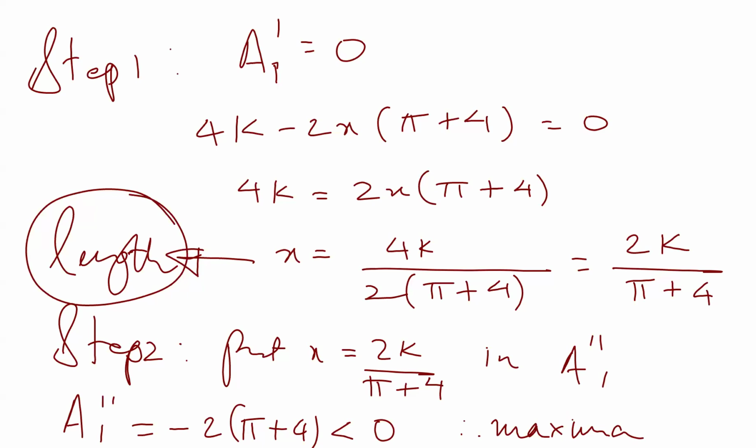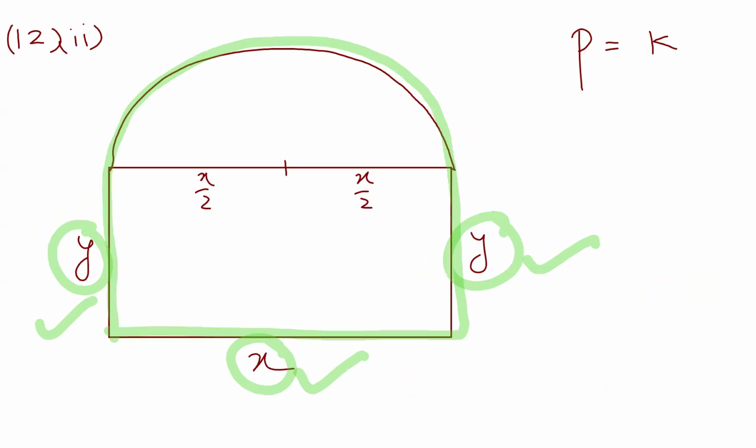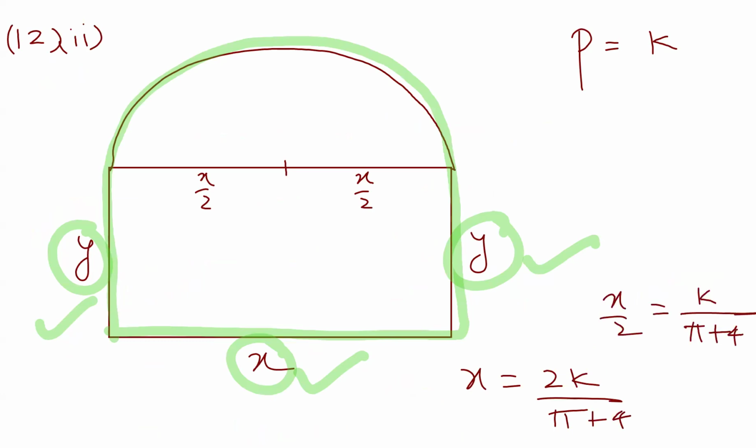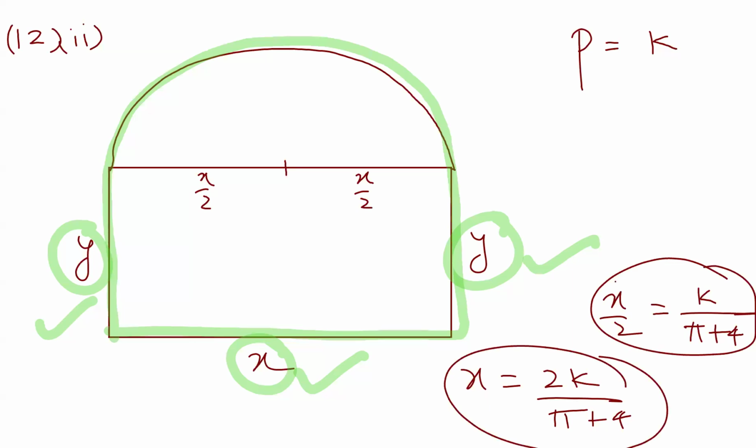The radius of the semicircle is x by 2. So if x is equal to 2k upon pi plus 4, x by 2 will be k upon pi plus 4. This is the radius.